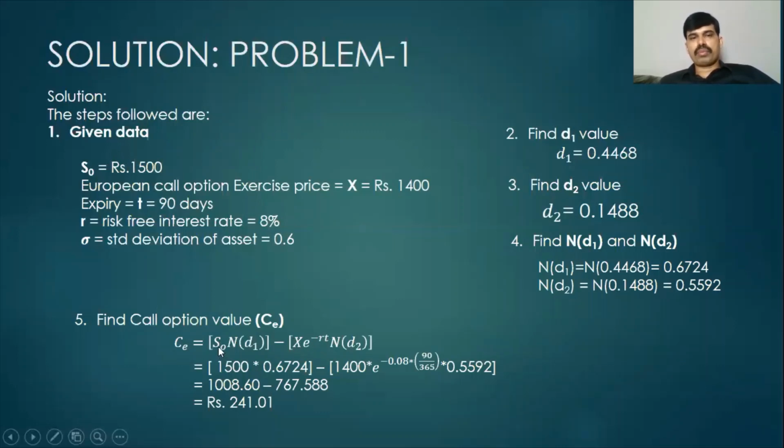So if the spot price is given as 1500, exercise price is given as 1400, and if we substitute the value of ND1 as well as ND2 into the equation, we will be able to get the value of the call option as 241.01.